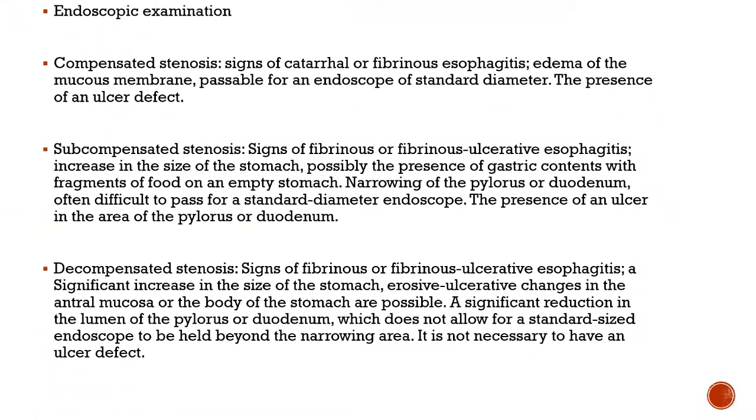During the endoscopy, there will be signs of fibrinous or fibrinous ulcerative esophagitis, increased size of the stomach with large fragments of food, narrowing of the pylorus or duodenum, and difficult passage for a standard diameter endoscope.